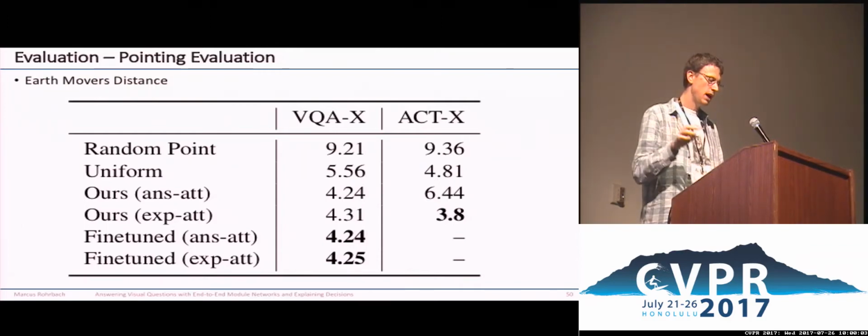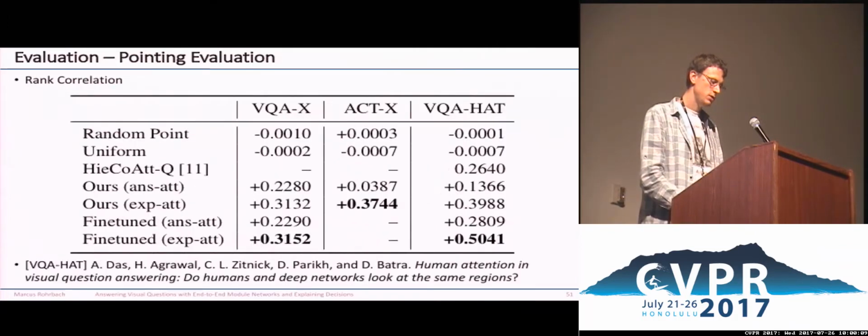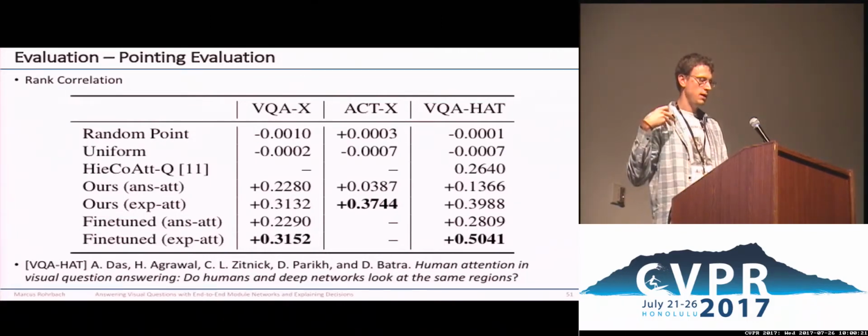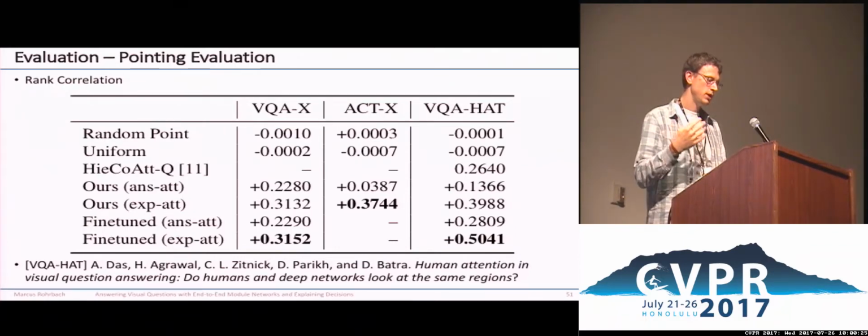We see that our fine-tuned model for VQA gets the best performance, and we also evaluate on the VQA-HAT data set from Das et al., and we also see that our fine-tuned model significantly outperforms the previous ways to look at attention.